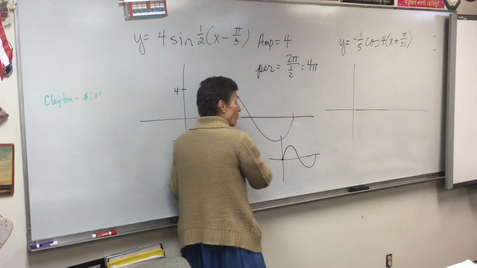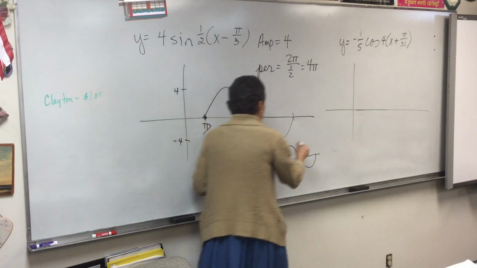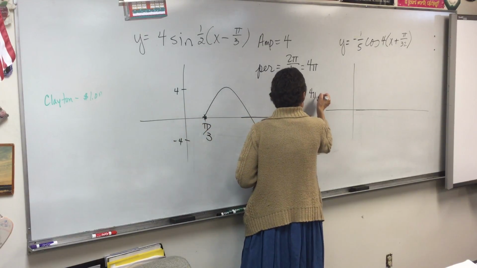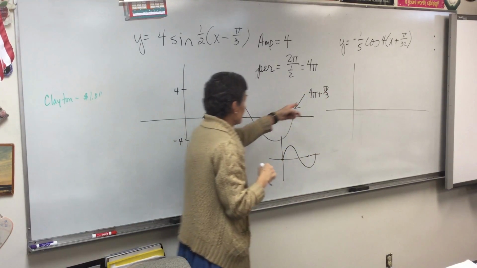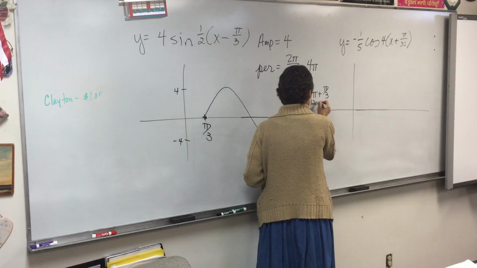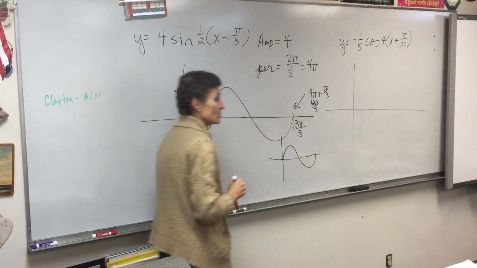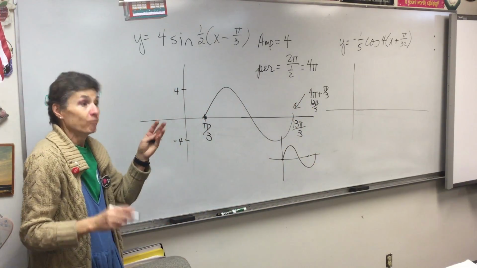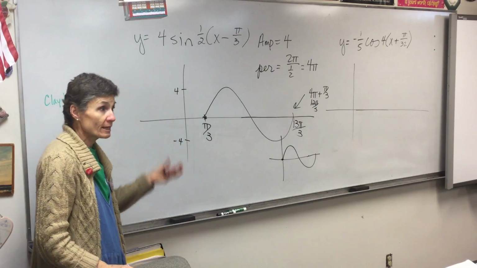Where am I going to end? How am I going to figure that out? 4 pi plus pi over 3. Exactly. This is going to be 4 pi plus pi over 3. Now, this is 12 thirds, so it's 13 pi over 3. That's exactly right. You're going to end up at 4 1/3, because you started at 1/3.